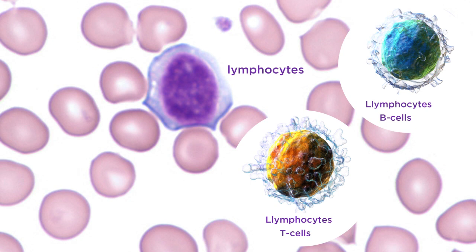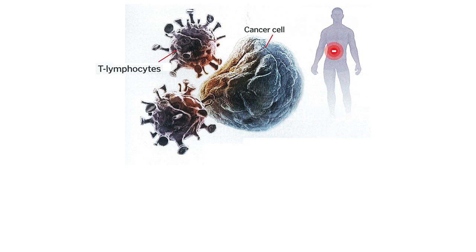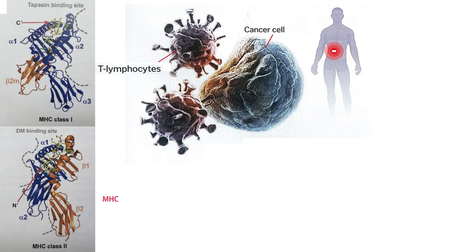The army of killer T cells are also able to detect cancer cells through examining small protein fragments presented on larger proteins, called MHC, at the surface of the cells. Almost all cells have these MHC molecules, and they act as a way to show the immune system what is happening inside them at that moment.